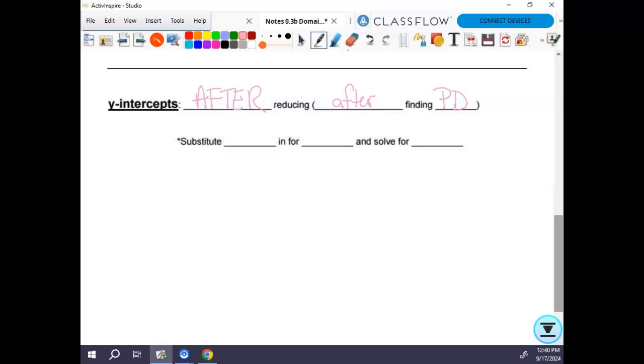X is equal to 0. Good. Both of those are true. So that means I'm really finding f of 0, because that's when x is 0. So I substitute 0 in for x and solve for y, just like you've been finding the y-intercept forever. But when we write it as function notation, sometimes your little brain goes, oh my God, that's the hardest thing I've ever done in my life. No, it's not. You're substituting in 0. Okay, we good? All right, I'll flip it over.